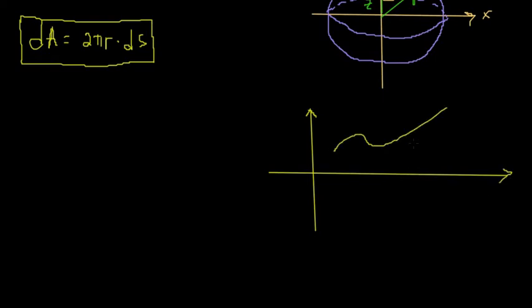Let's say that we have the graph like this, and this is this small change in the value of the function. Let's call it ds again. So this change is described by some change in x value, which causes the change in the y value.